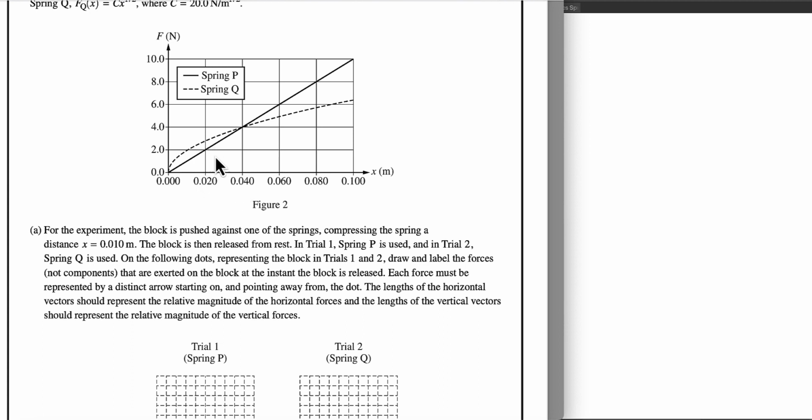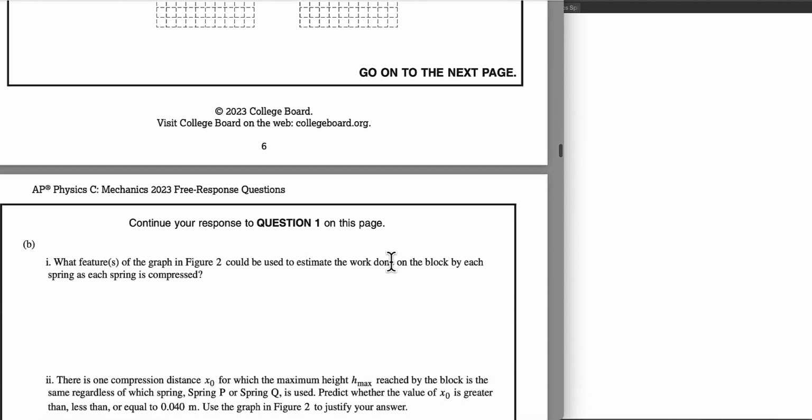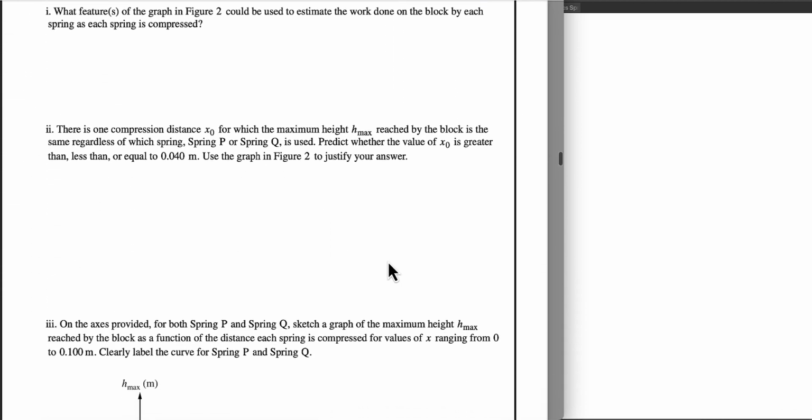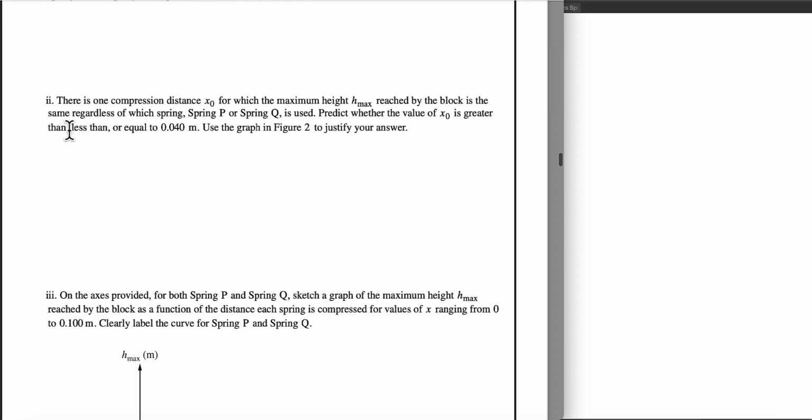So the answer cannot be less than 0.04. It can only be greater than 0.04, and by looking at the picture, I'm guessing somewhere here, so that the area under the solid line is the same as under the dashed line. That's a way of calculating that point exactly, but anyway, the answer here is greater than.